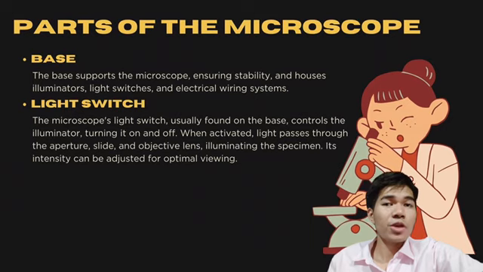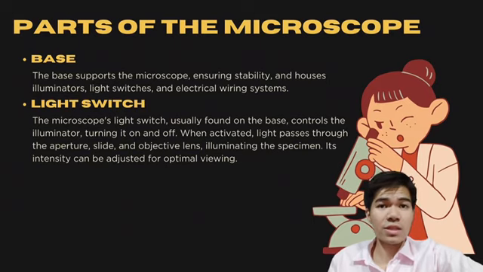Then we have here the light switch. So the light switch is usually found on the base. It controls the illuminator by turning it on and off. When activated, the light passes through the aperture, slide, and objective lenses, illuminating the specimen.